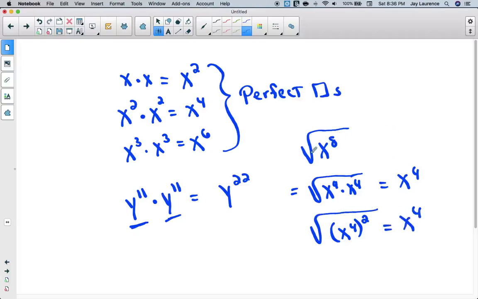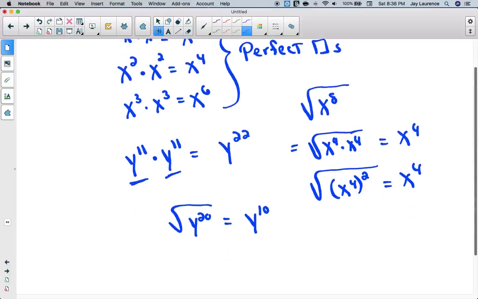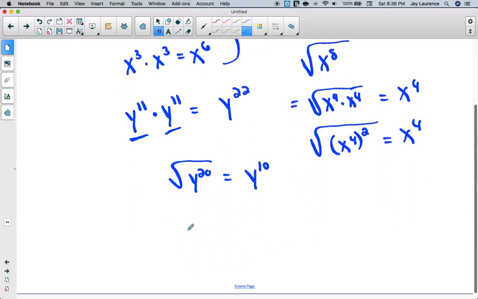So with the even one, it's easy. You know, you give me rad of y to the 20th. Well, and I know my stuff. I mean, you know your stuff too. So you could just say, well, what number times itself is y to the 20th? Well, y to the 10th, right? But when you have an odd number, you're going to break it down much like we did the opening problems.